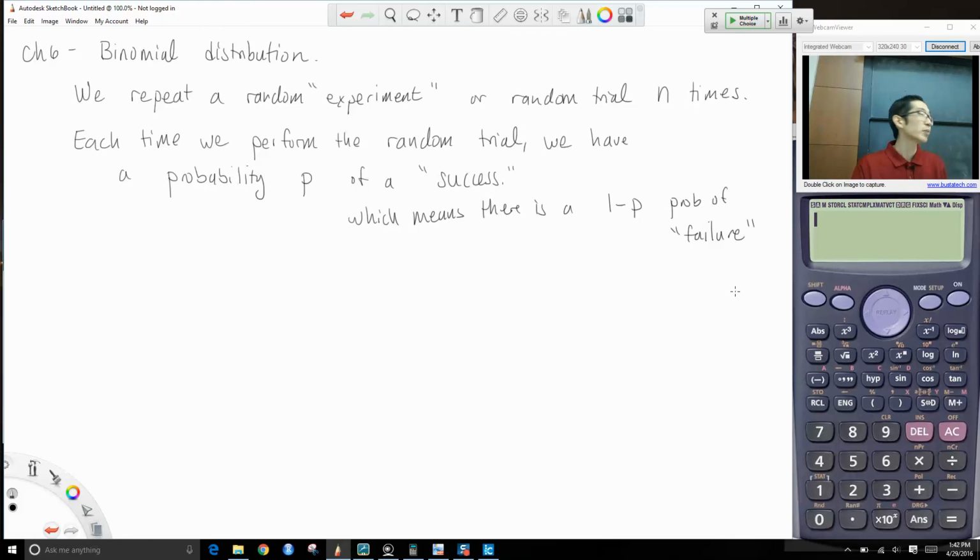But these are arbitrary labels that don't necessarily mean good or bad.